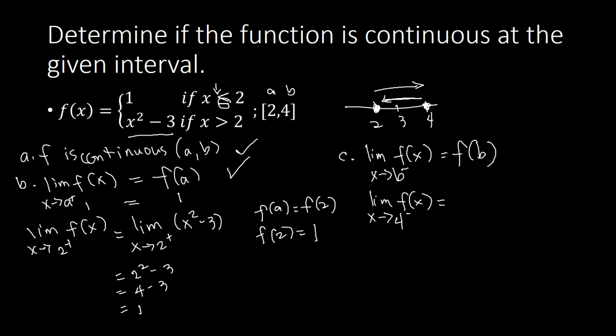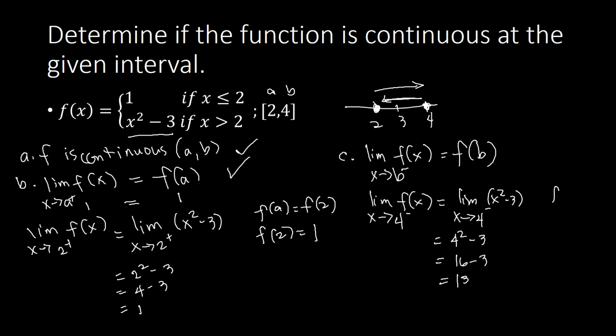We're not considering 1 here because the left side of the number 4 here are the numbers 3, 2. So meaning we are still on the second function. So we have the limit of x squared minus 3 as x approaches 4 coming from the left side. This is equal to 4 squared minus 3, which is equal to 16 minus 3, which is equal to 13. That's our limit.